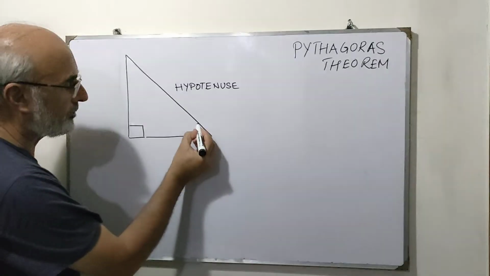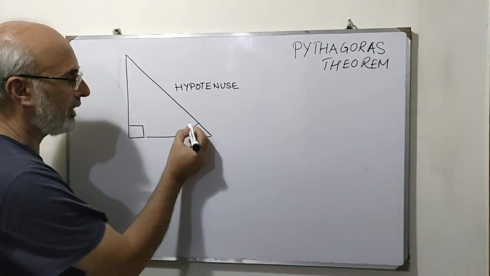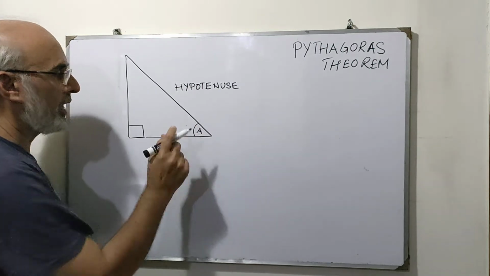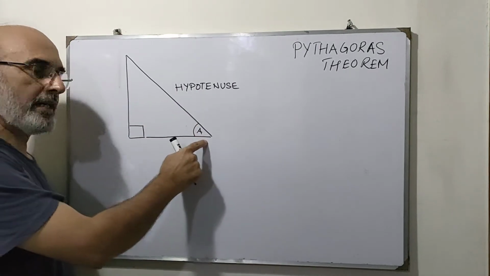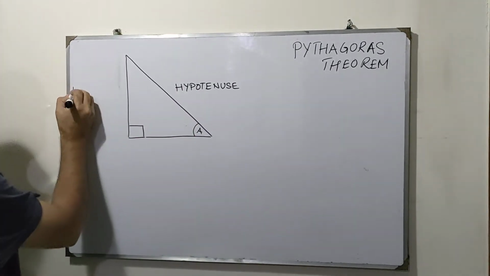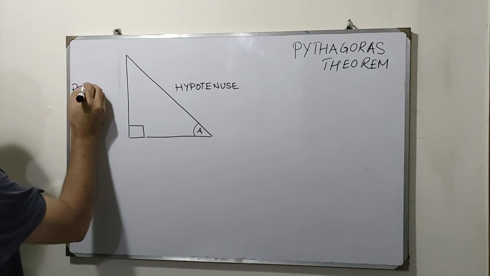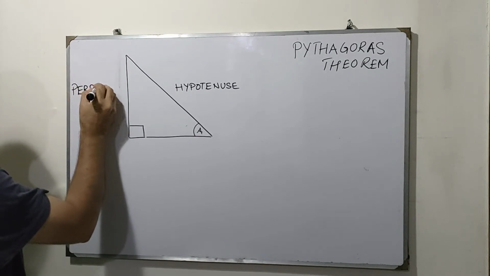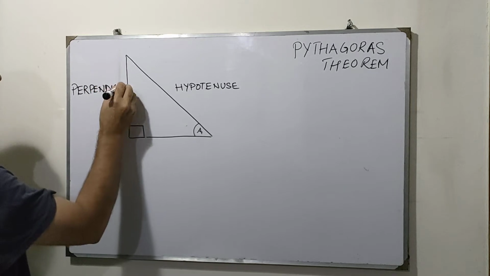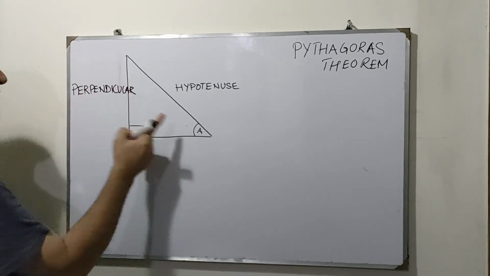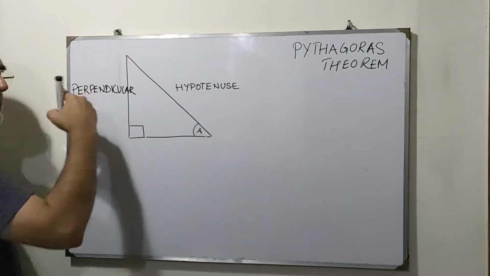One angle is here, let's say this is angle A. Now the side opposite to this angle A is known as perpendicular.